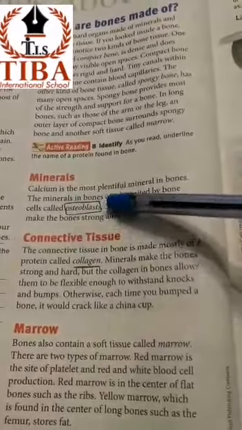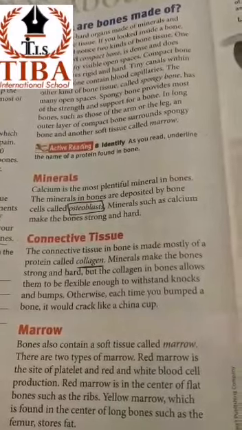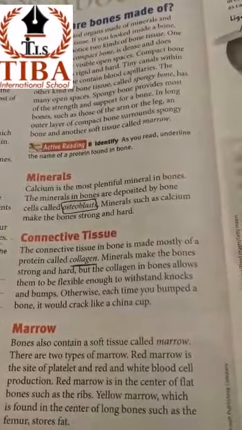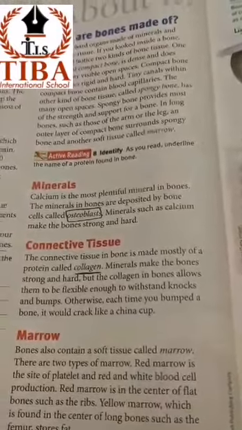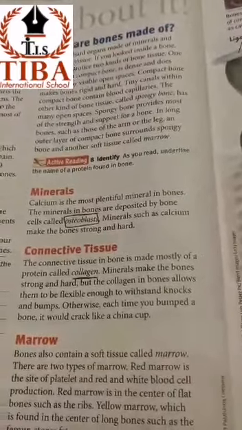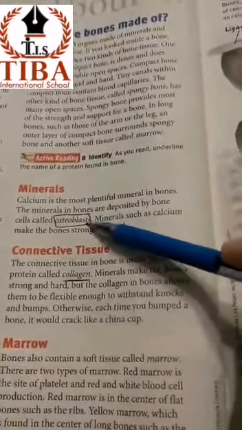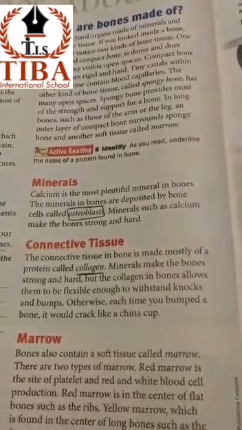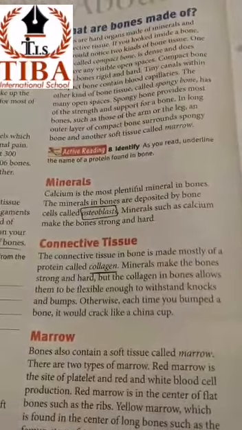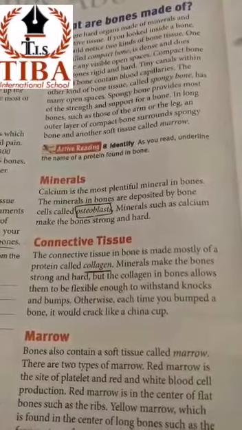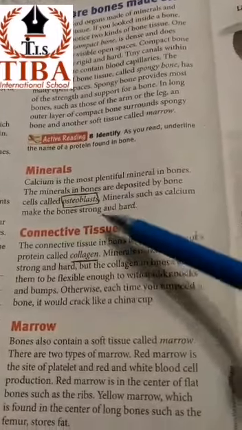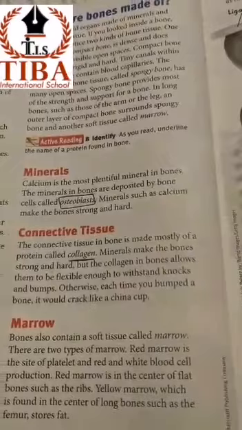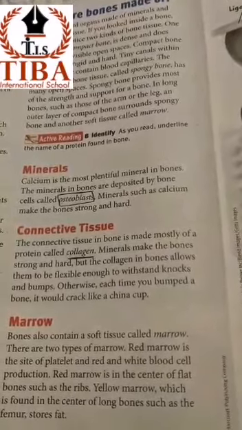Minerals such as calcium. What is the importance of calcium? It makes bone harder and much stronger. How can calcium get into our bone? Through special cells called osteoblasts, which take the calcium from the blood and deposit it into the bones. The connective tissue is made up of a special protein called collagen.